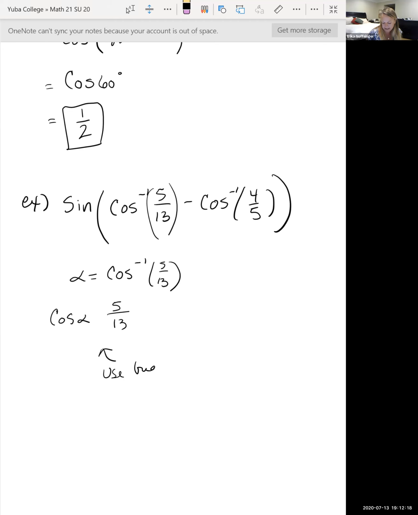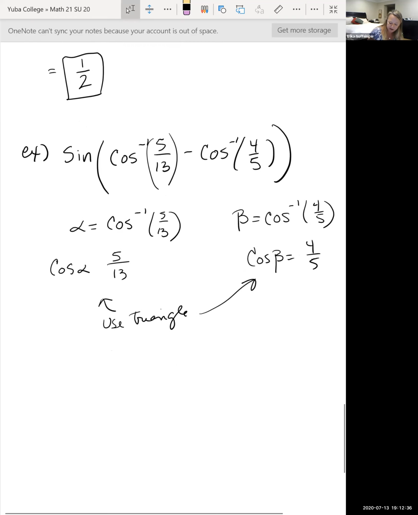Same sort of idea. Choose some other variable to be the other inverse trig, in this case cosine inverse of 4/5. If we take the cosine of both sides to get rid of the inverse, again, use your triangle. And so here we now have sine of alpha minus beta.